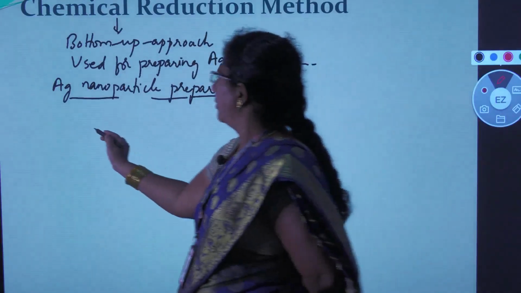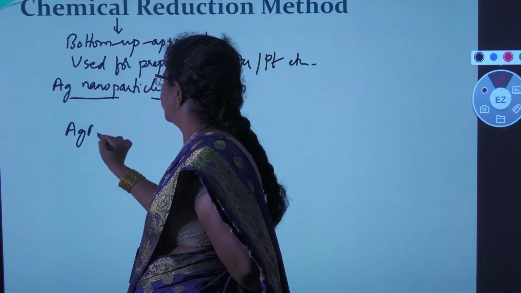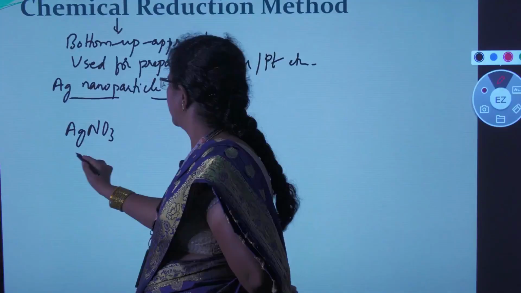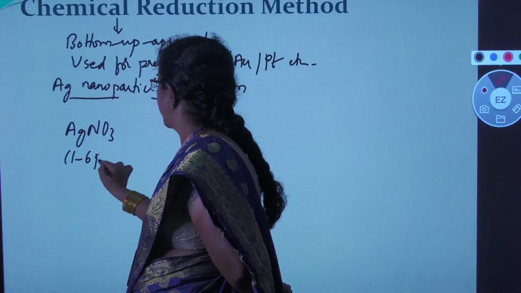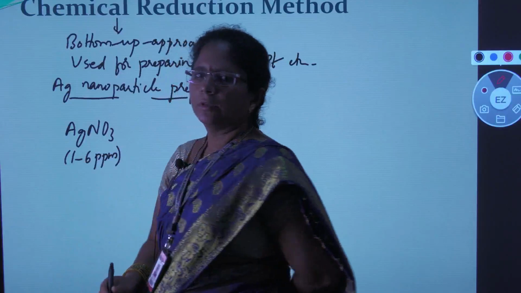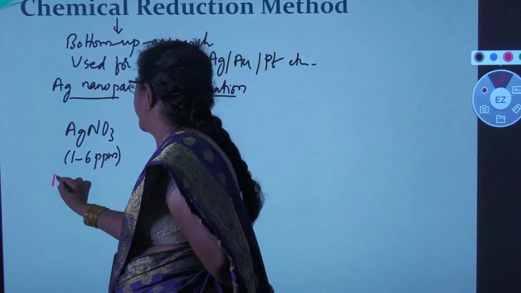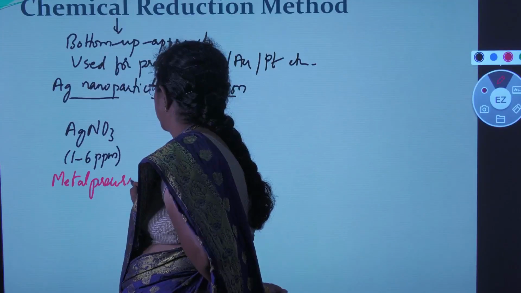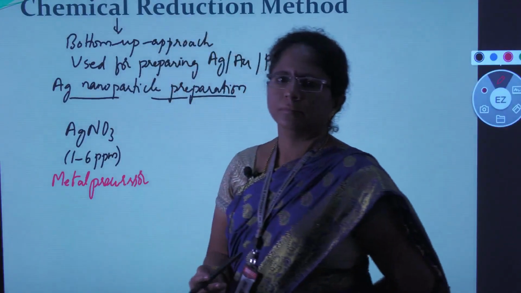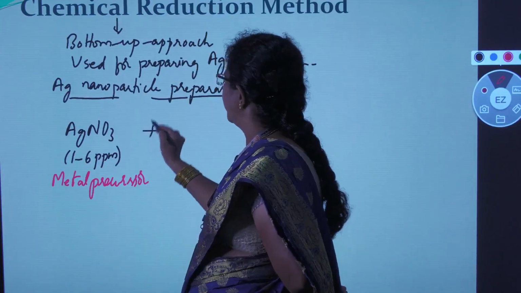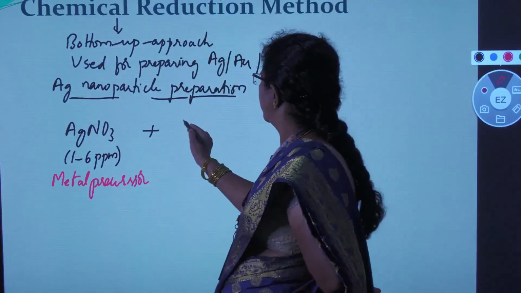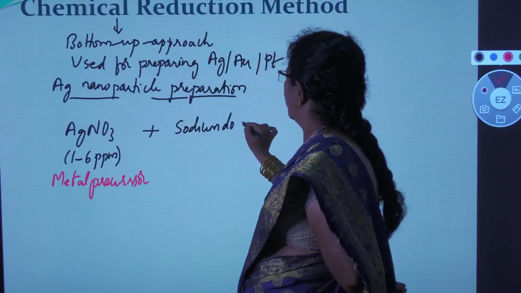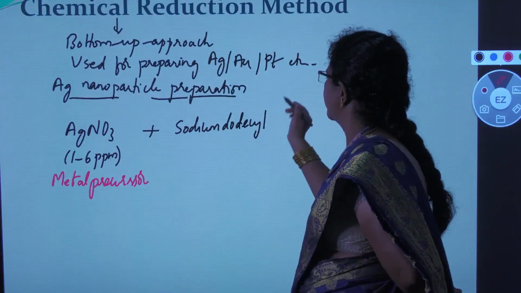Here we will be taking silver nitrate of concentration 1 to 6 ppm. This will act as the metal precursor, and to this we will be adding sodium dodecyl sulfate.